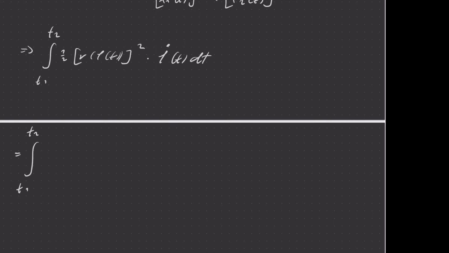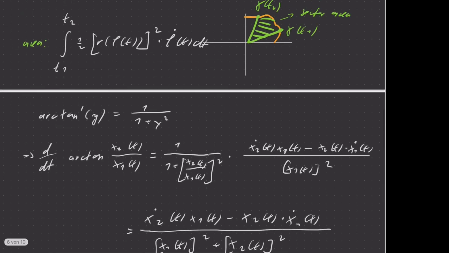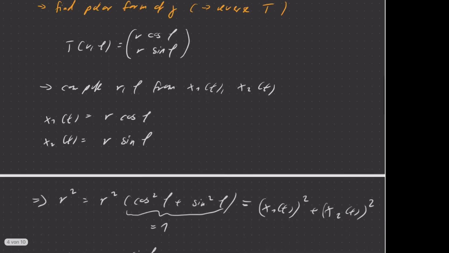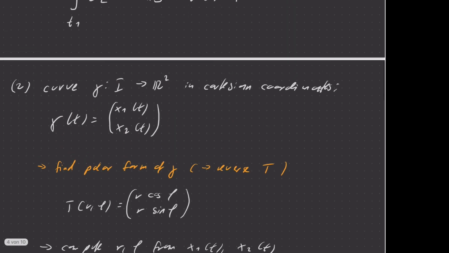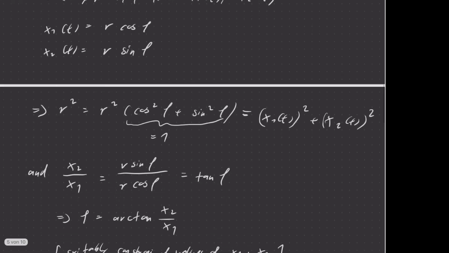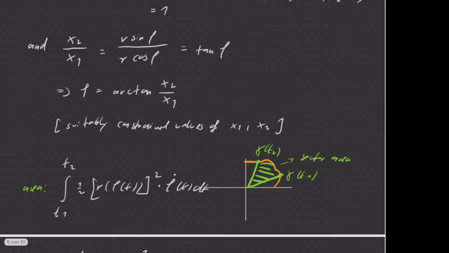So let's see, we keep that 1 over 2. R squared of phi, we've talked about that already. R squared is equal to, here we have it, x1 squared plus x2 squared. So we can just use that.